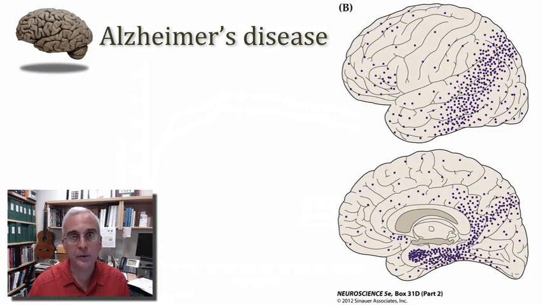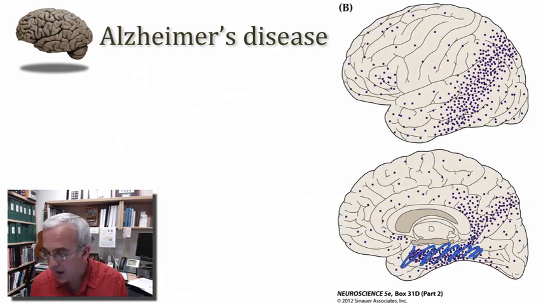And here in this figure we see the distribution of pathological hallmarks of Alzheimer's disease, with these dots reflecting the density of those pathological changes. What we can see is that the entire cerebral mantle can eventually be affected, but the disease process itself seems to be focused on the medial part of the temporal lobe and then extending into the parietal associational cortical regions.